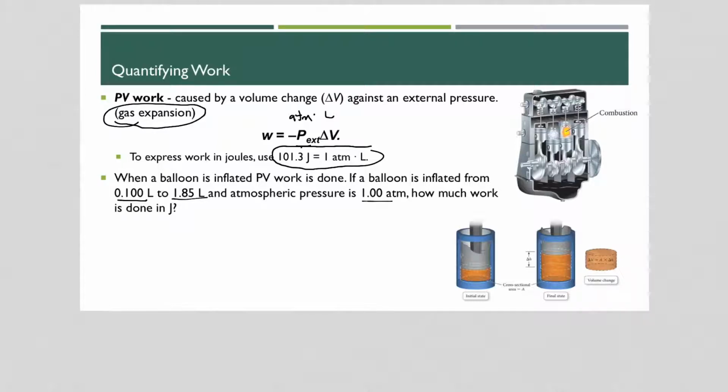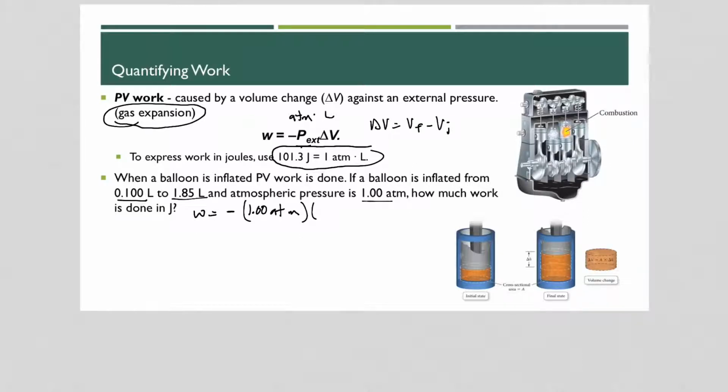Okay, well, let's just start here. So we have work is equal to negative our external pressure, which here is 1.00 atm, times our delta V, which is again final minus initial. So delta V is going to be V final minus V initial.